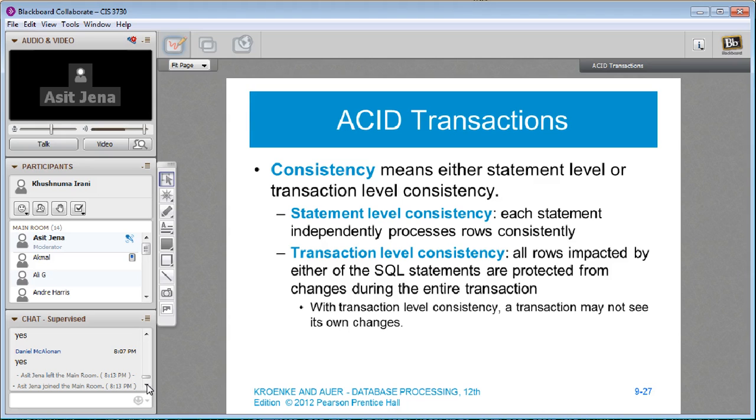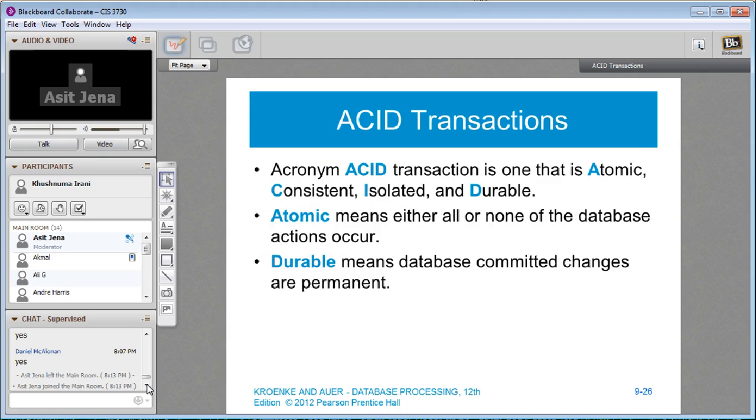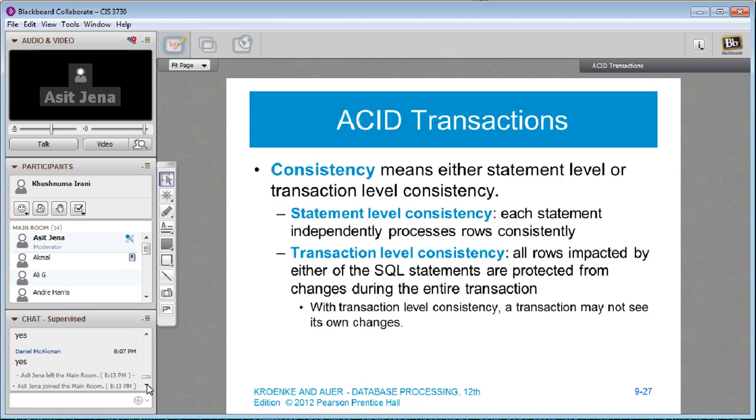So for a transaction, it should be atomic, durable, and consistent. The consistency can be at two levels, at the statement level or the transaction level. Each statement independently processes rows consistently. So each statement that we are doing in the SQL statement can process rows independently. All rows impacted by either of the SQL statements are protected from changes during the entire transaction.